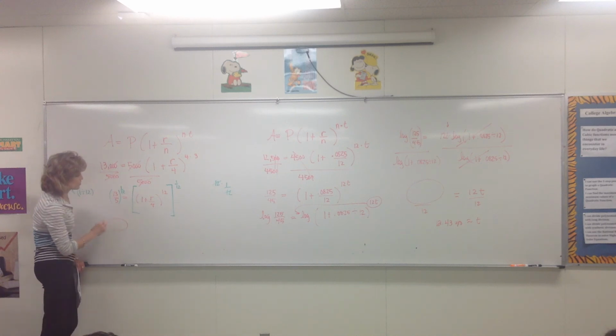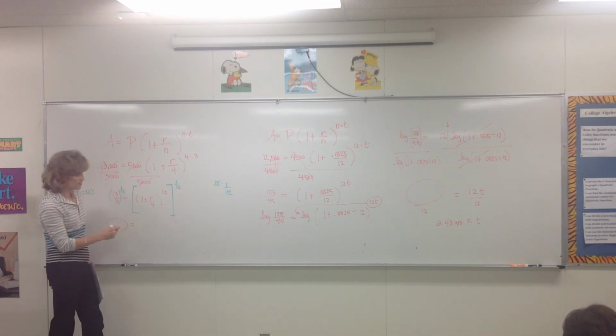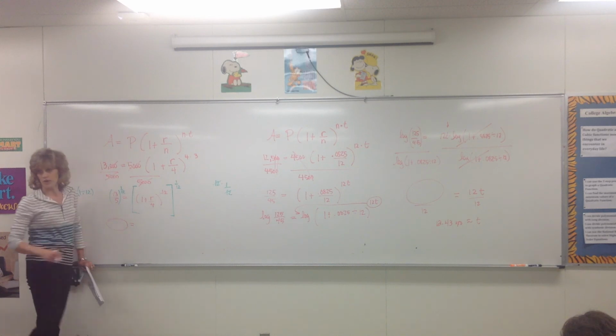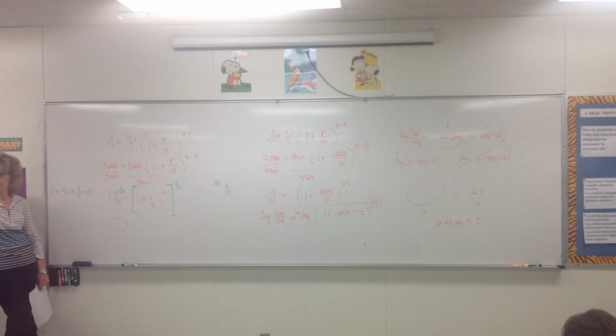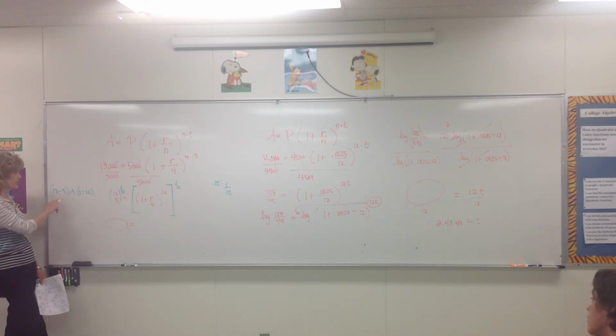You get some number on your calculator. I got .2167. Keep the number. Did you type it in just like this?